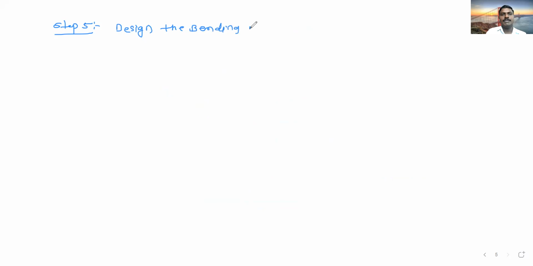Bending moment resisted by section. Bending moment resisted by the section.